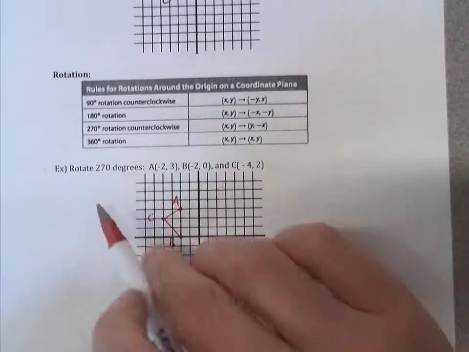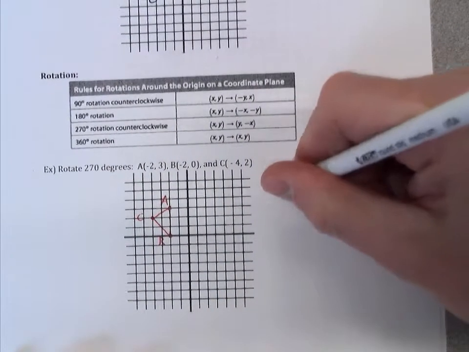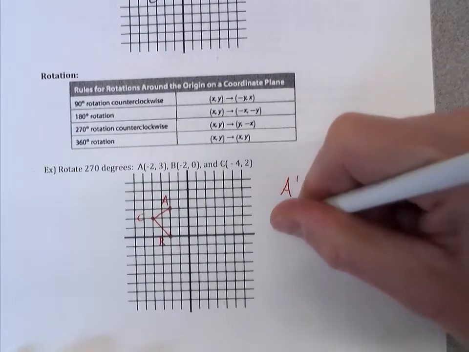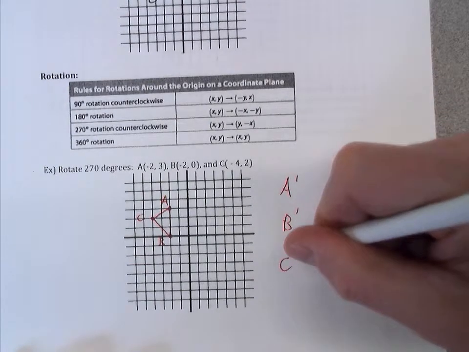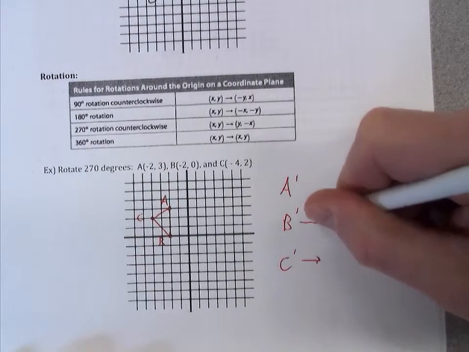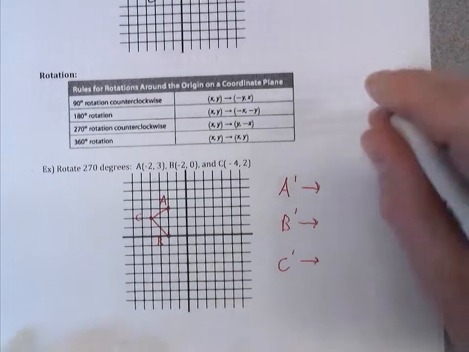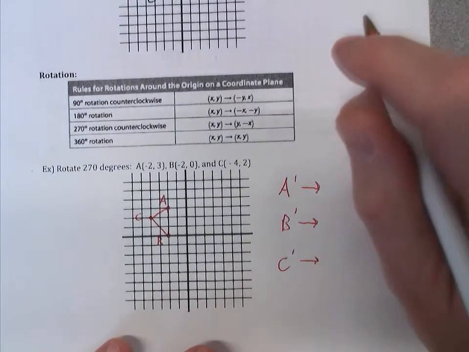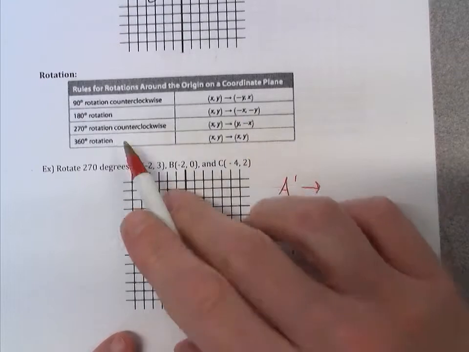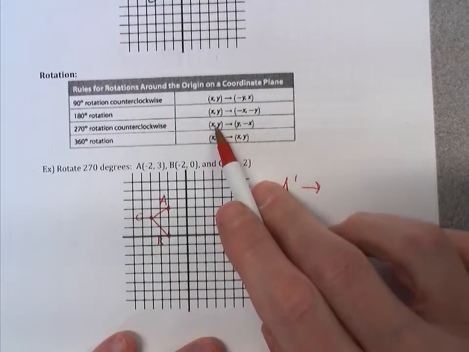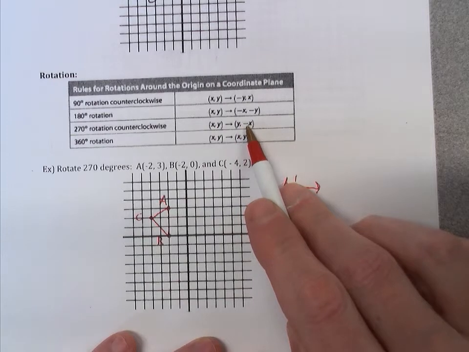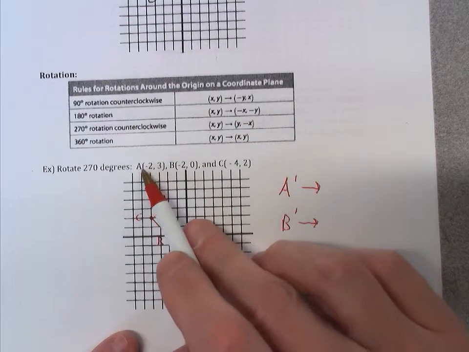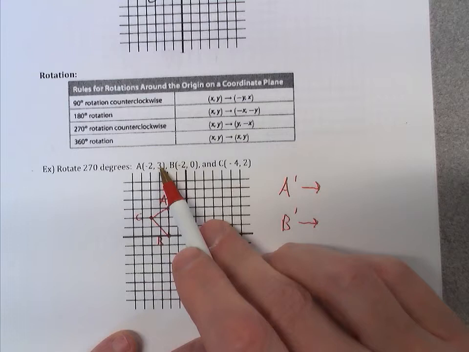Now, if we want to rotate this 270 degrees, we want to come up with a new A, a new B, and a new C. What are those coordinates going to need to be? Again, in this rotation, x and y switch places and x becomes negative. So for A, we had -2, 3.